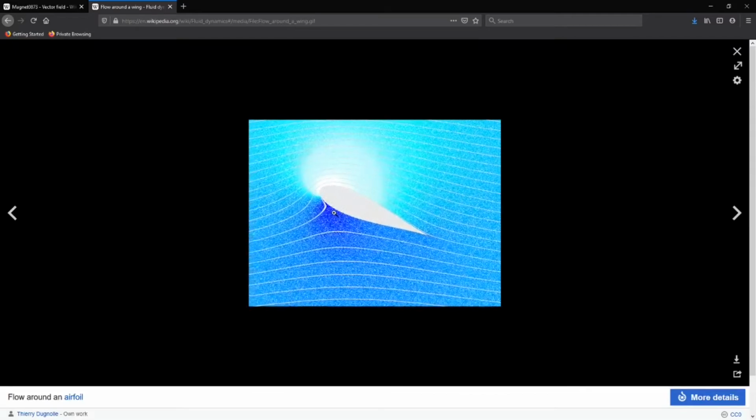Like here, the velocity of the fluid is very slow, and it's generally in this direction, whereas at this point, the velocity is very quick, going over the top here, and you can see that it's pointing in a different direction. At any given point here, the velocity field of the fluid flow is different in terms of both its magnitude and its direction. This is why we need vector fields to describe both of these phenomena.